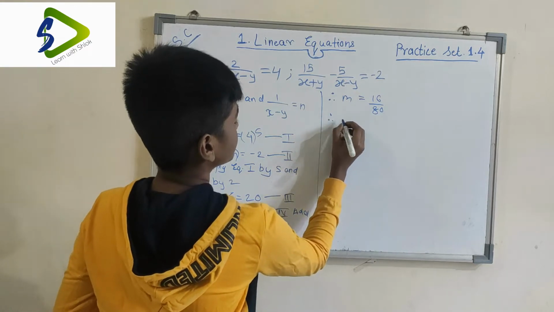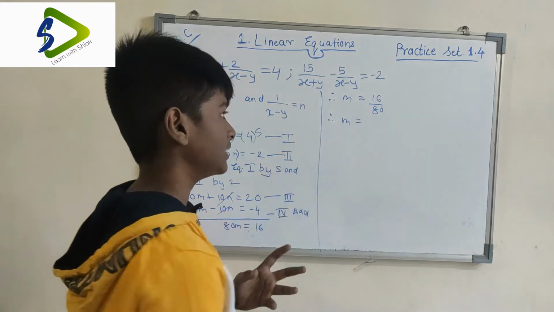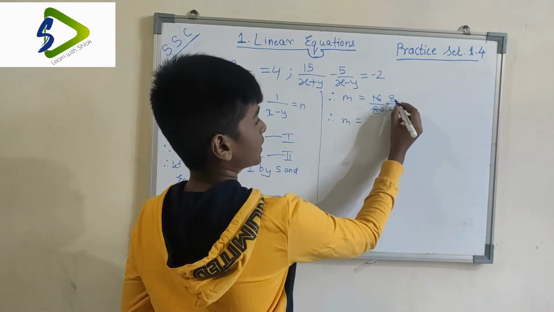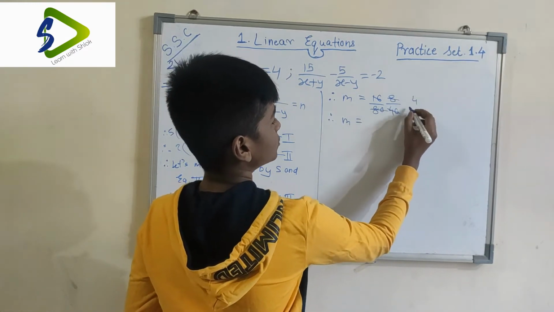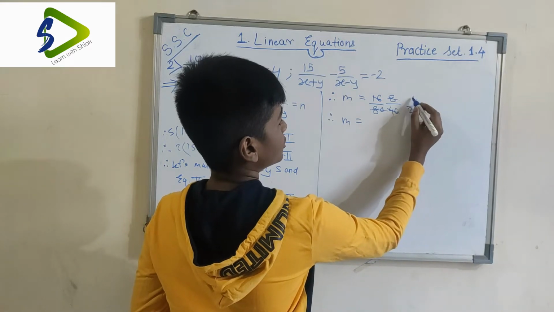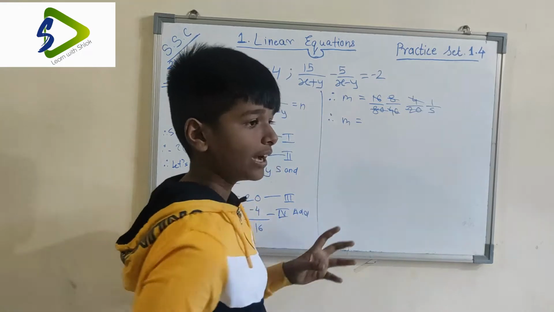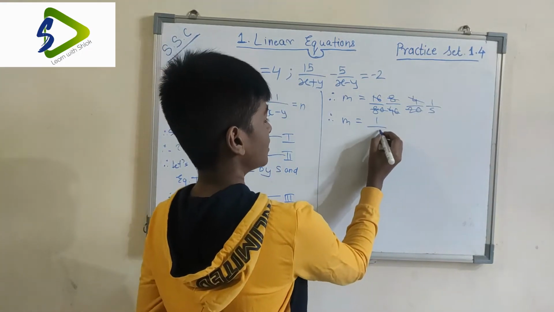Now let's divide this. 2 8s are 16 and 2 40s are 80. Again by 2, 2 4s are 8 and 2 20s are 40, and now I can divide this by 4, 4 1s are 4 and 4 5s are 20. So our answer for m is 1 by 5.